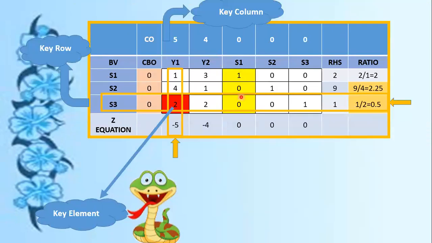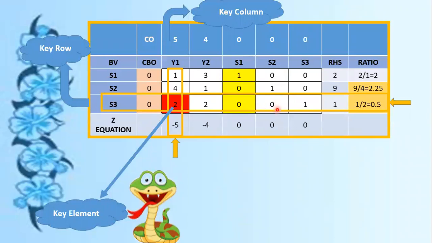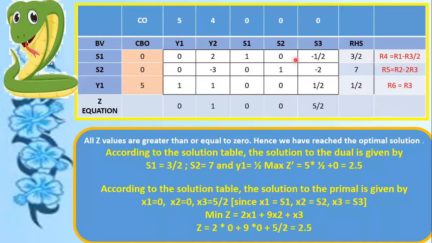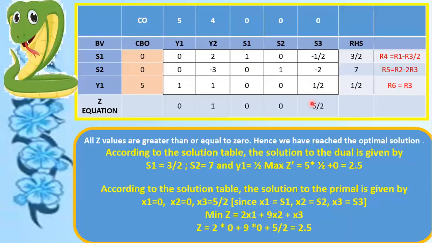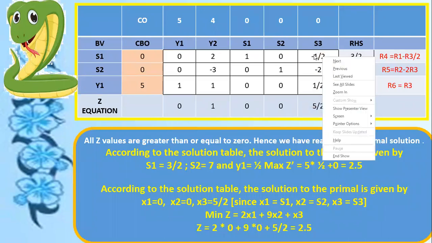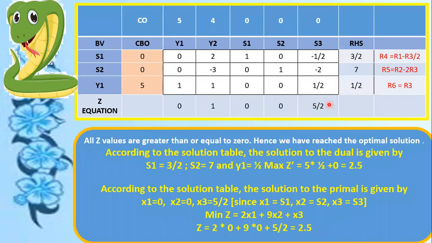Again 1, so the same 1 will be retained. Here 0 minus 0 is 0. Again 0 minus 1 by 2 is minus half. Again 2 minus half will be equal to 3 by 2.